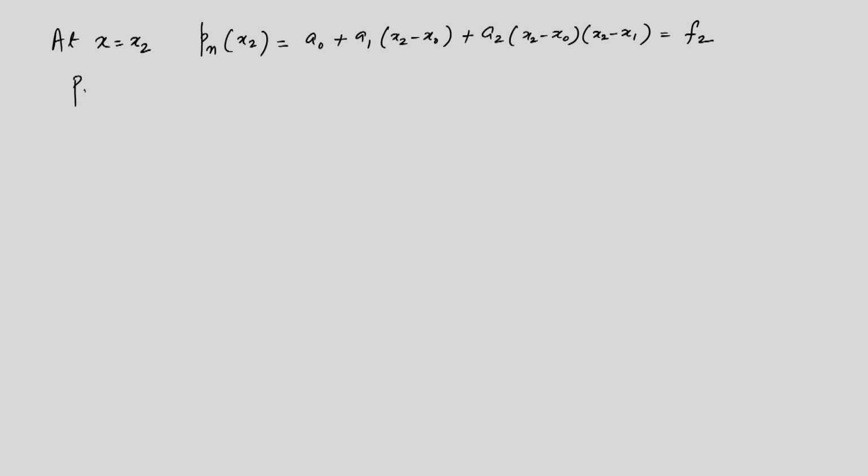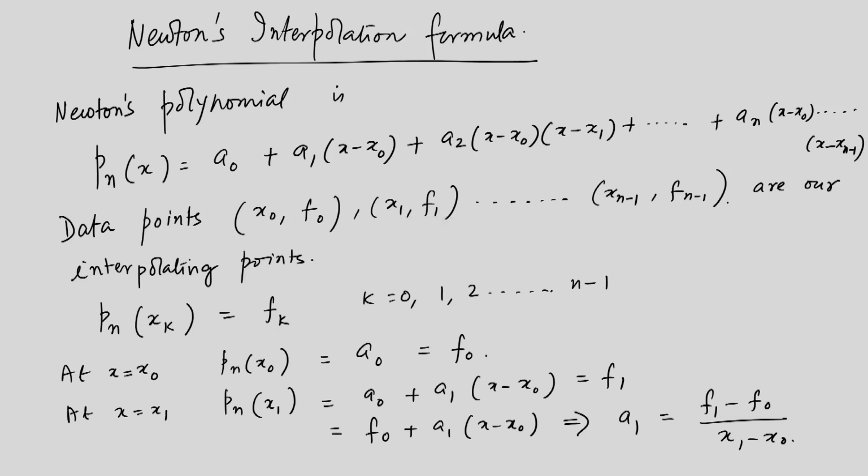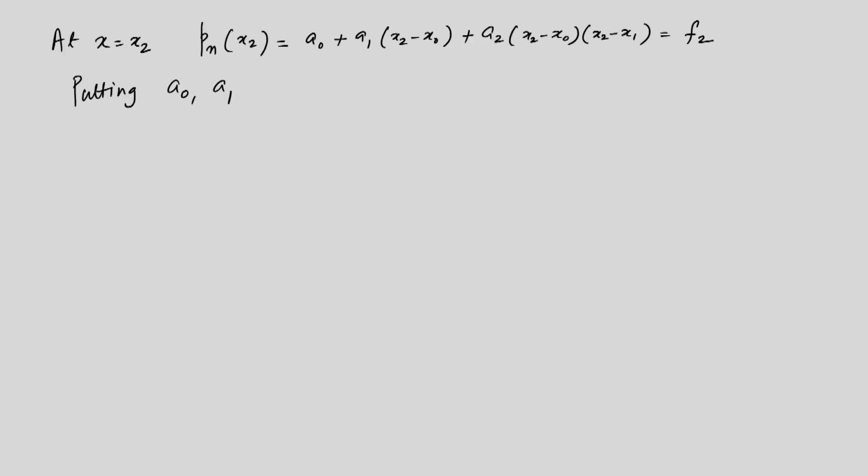If you put the values of a 0 and a 1, of course, a 0 is equal to f 0 and a 1 is what we have just obtained, basically the slope, which is (f 1 minus f 0) divided by (x 1 minus x 0). So, if you put both, then a 2 comes out to be [(f 2 minus f 1) divided by (x 2 minus x 1) minus (f 1 minus f 0) divided by (x 1 minus x 0)] whole divided by (x 2 minus x 0).